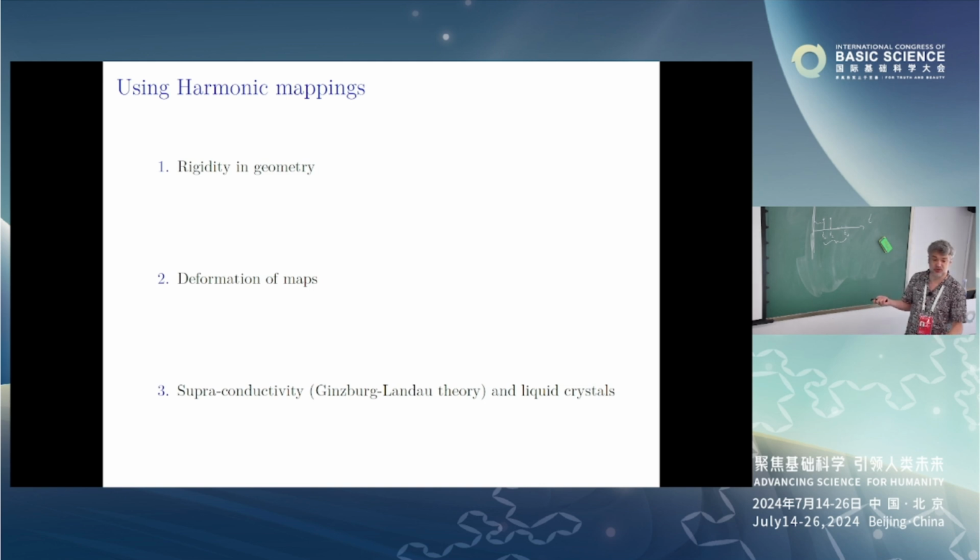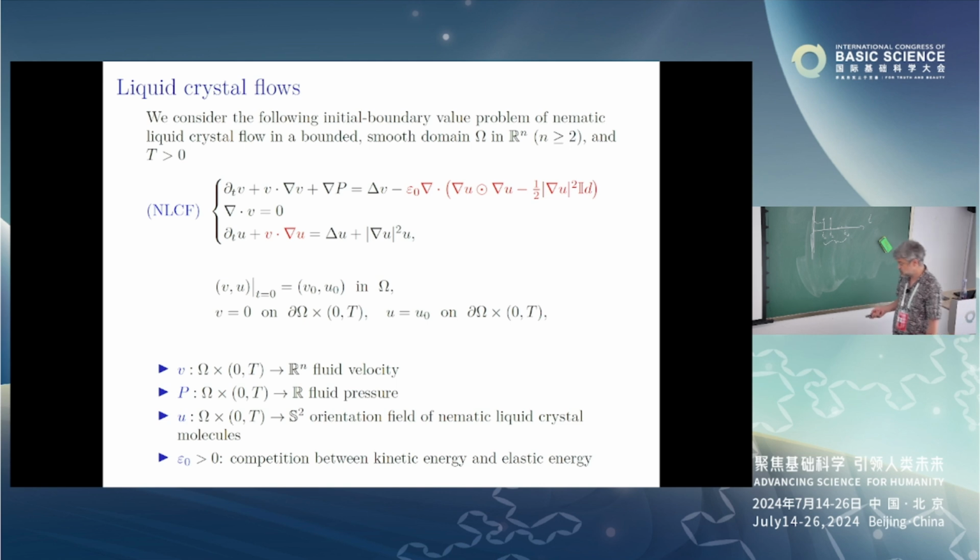So let me introduce these liquid crystal models, which are a sort of highly non-trivial generalization of the harmonic map flow that I was mentioning. If you open the physics literature, going back to works of Ericksen, Leslie, Landau, De Gennes, and company, people in the community were interested in understanding the behavior of crystals.